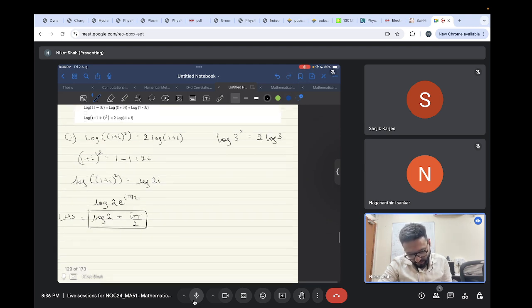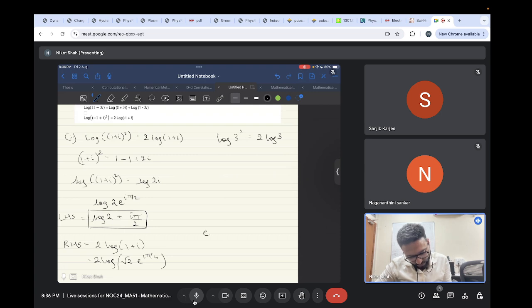Now let's check what RHS is. RHS is equal to 2 log of (1 plus i). What is 1 plus i? 1 plus i is root 2 e raised to power i pi by 4, right?